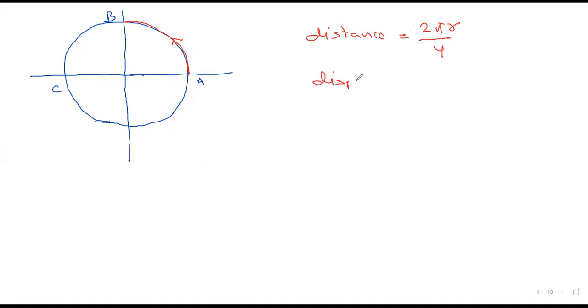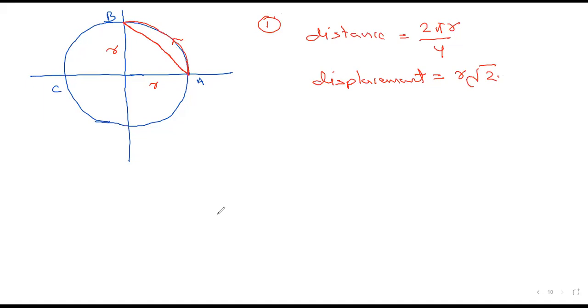Displacement will be from here to here. If this is r, then this will be r root 2. Got it?